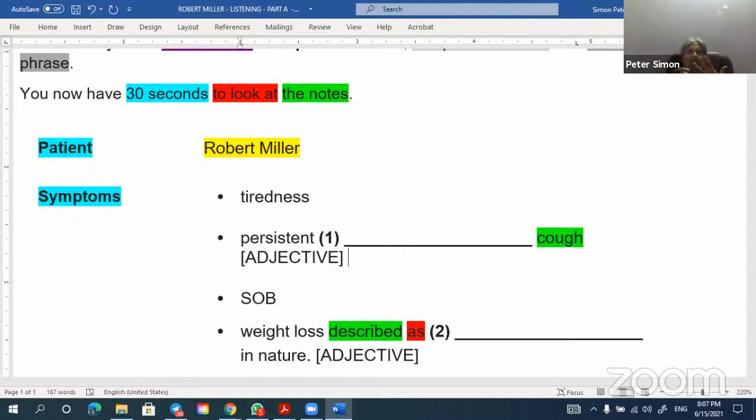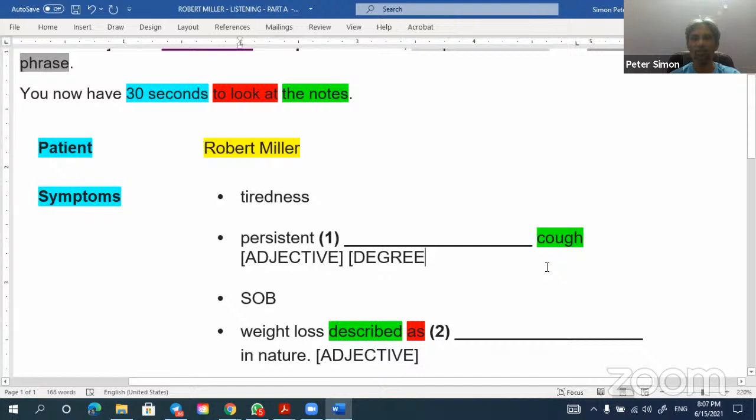One is positive degree, one is comparative degree, and one is superlative degree. What degree is it? So the degree will be positive here. Positive degree means first form.